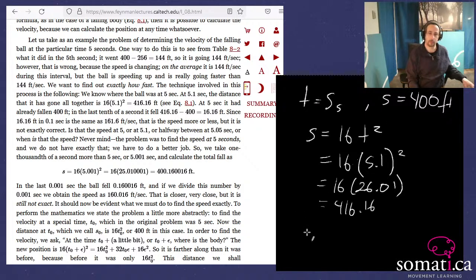Then the delta S is 16.16 feet for delta T is 0.1 seconds.